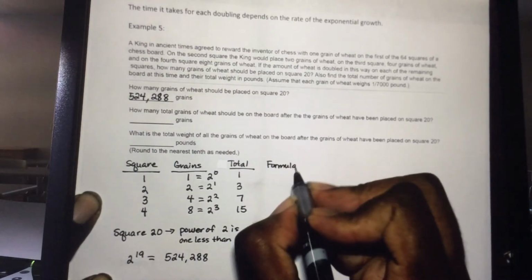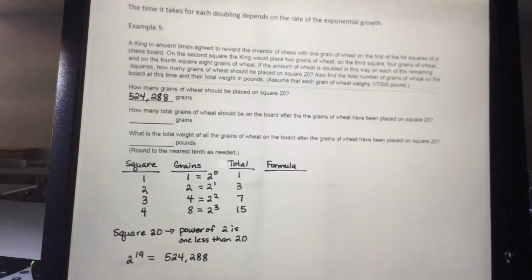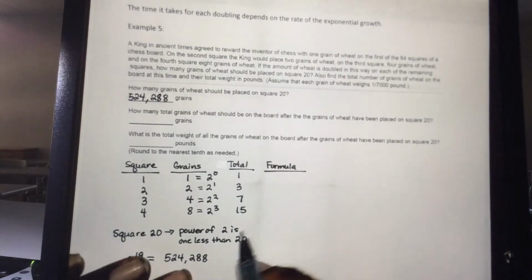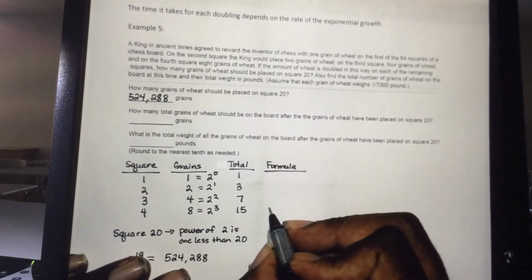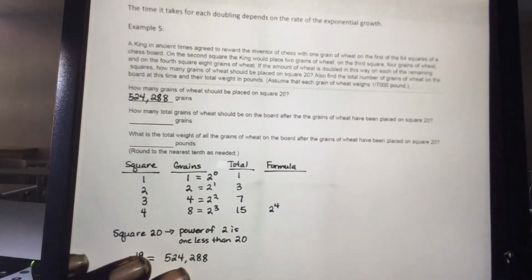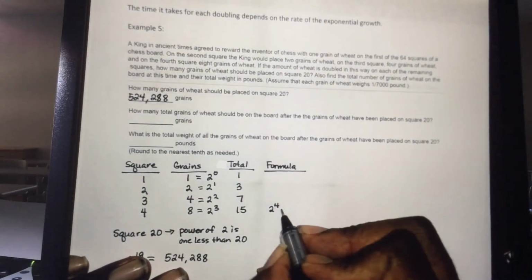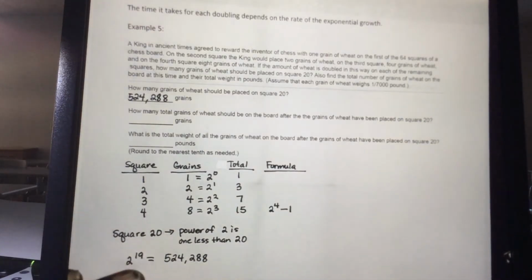Let's see if I can find a pattern that's going on with this one as well. I know 15 is 1 less than 16. And 16 is actually a power of 2, 2 to the 4th, because 2 times 2 times 2 times 2 will give you 16. If I subtract 1 from it, I'm going to get 15.